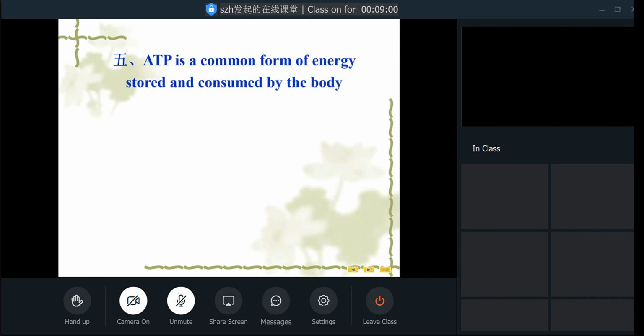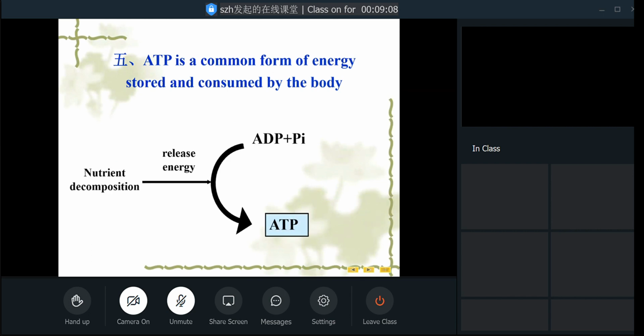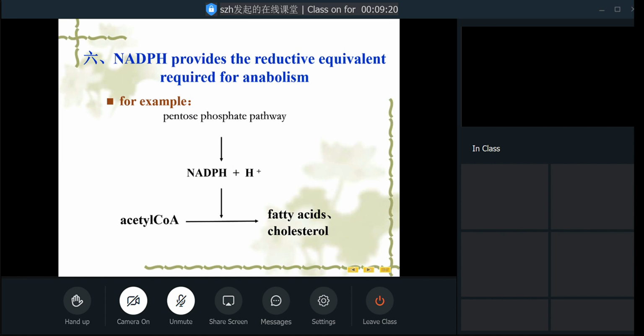And finally, ATP is the common form of energy stored and consumed by the body. Nutrients are oxidatively decomposed, oxidized thoroughly, and produce ATP. And last, NADPH provides the reductive equivalents required for the metabolisms.